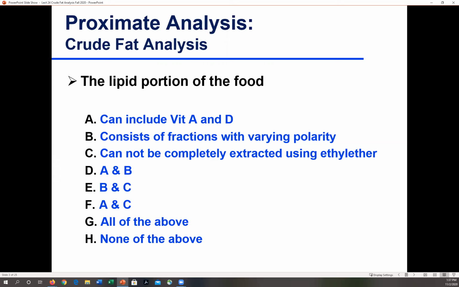So vitamin A, actually A, D, E, and K, all the vitamins that are fat soluble vitamins will be present in or counted into your lipid fraction. And definitely you have fractions of different polarities. Triglycerides are very hydrophobic, whereas mono and diacylglycerol, phospholipids are more polar and can be soluble in polar solvents.